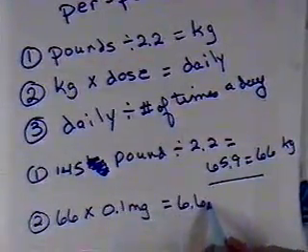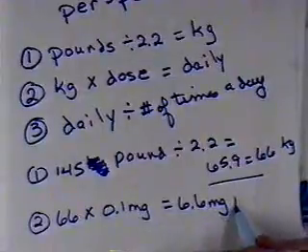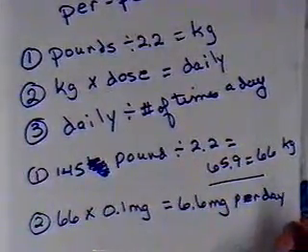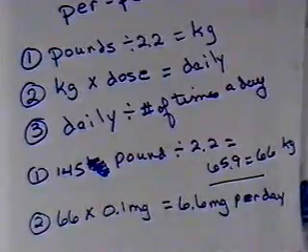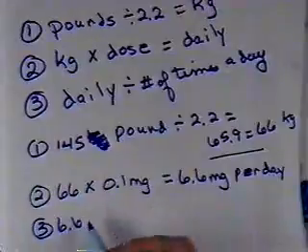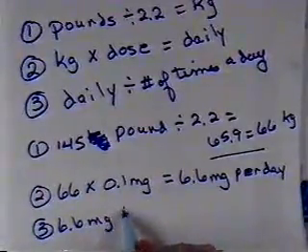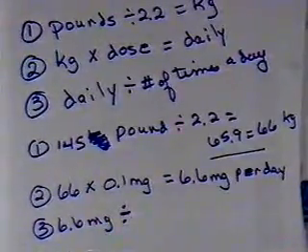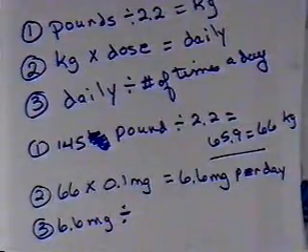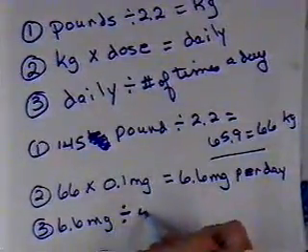So I get 6.6 milligrams, but this is a daily amount. I have to read and see how many times a day am I going to give the problem. 4. How many times is it given in a day?